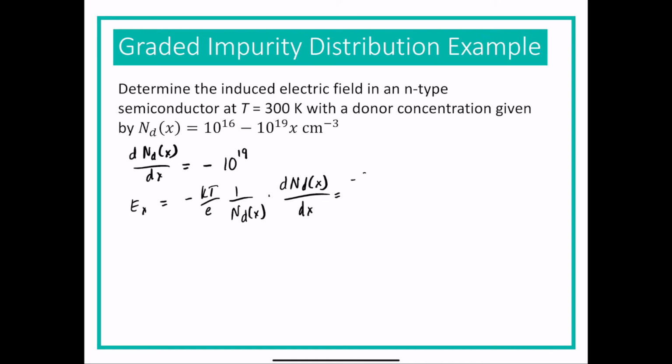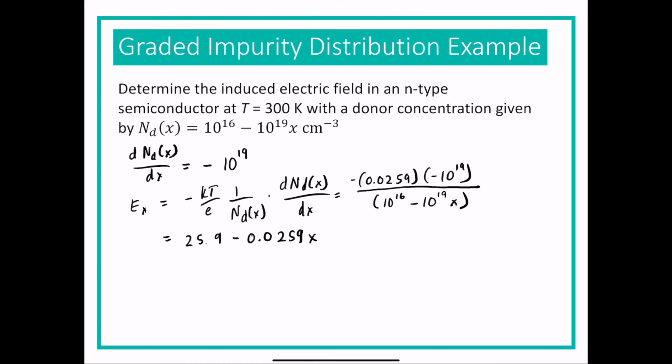So that gives us minus 0.0259 times minus 10 to the 19 over the function, which is 10 to the 16 minus 10 to the 19 times x. And if we go through and actually find that, we get 25.9 minus 0.0259x.